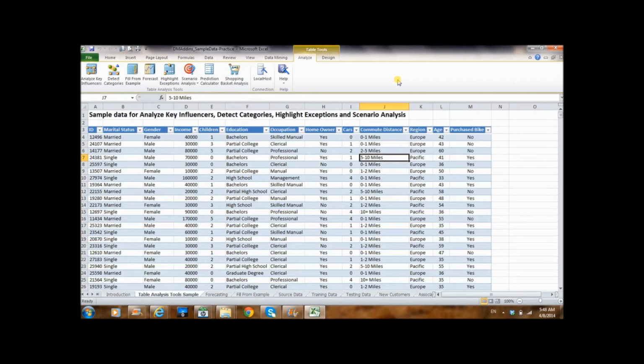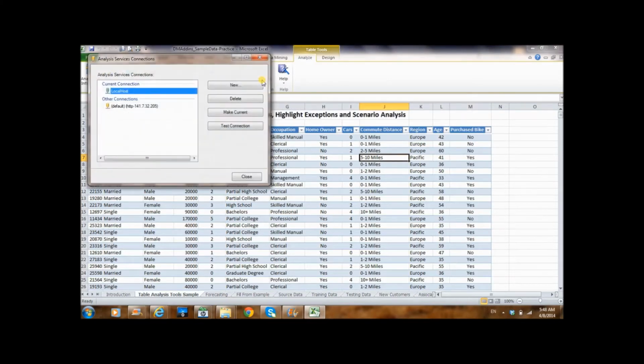Before doing an analysis, you have to make sure this Excel is connected to the SQL Server Analysis engine. So go to Connection, and then you have to find a server. In your case, you probably will use OITAP 22.